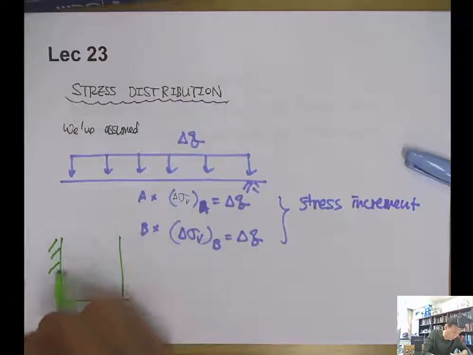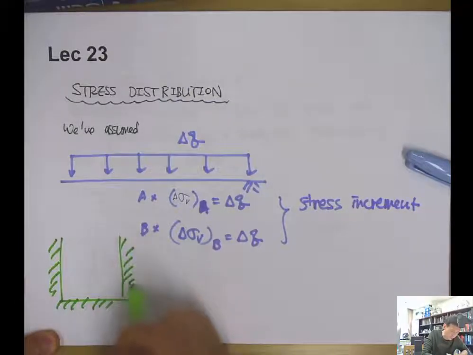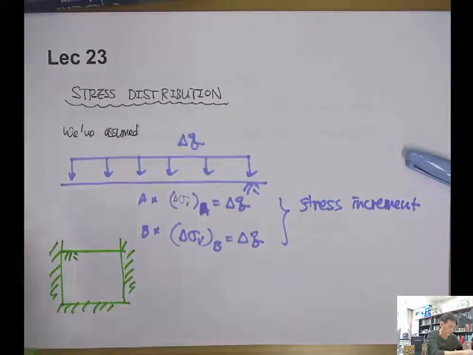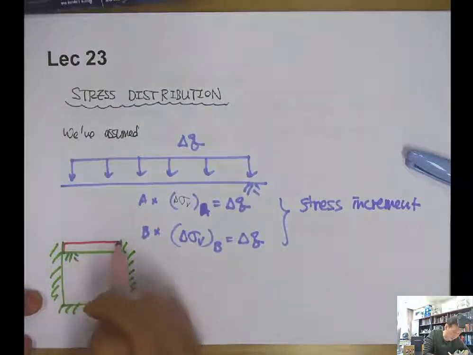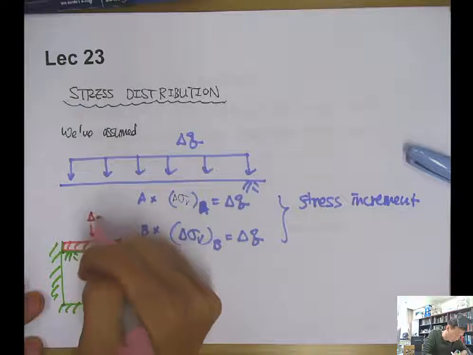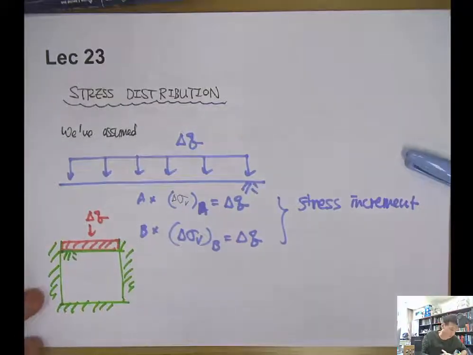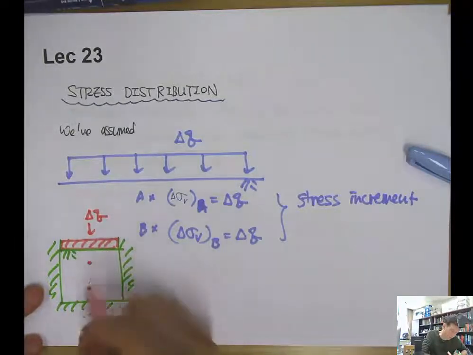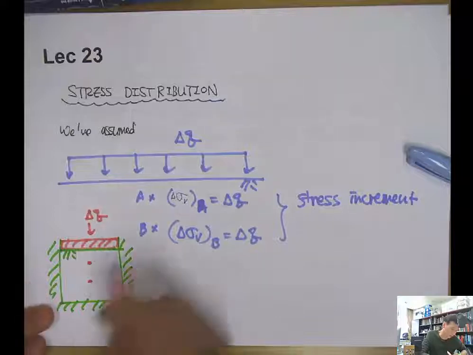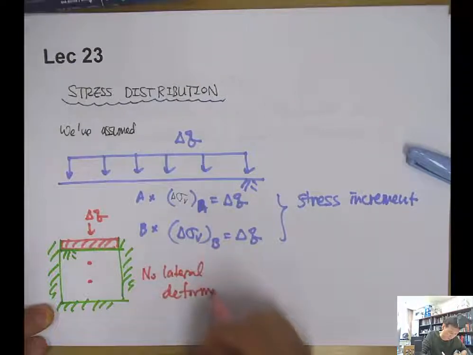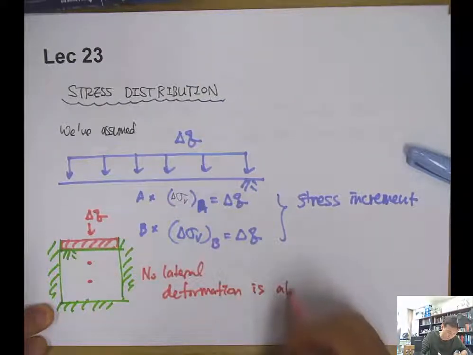Actually, this case is the same as the one-dimensional confinement case. Let's assume you have a container, a cup, with soil in it, and a loading plate the same size as the container width. When you apply the delta Q, the stress increment at the shallow depths and the deep depths is the same, because no lateral deformation is allowed.